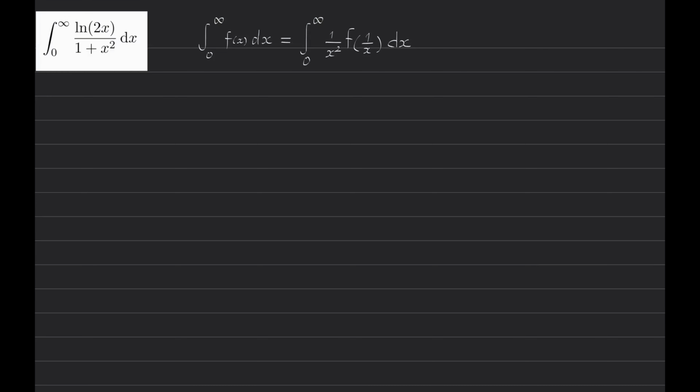Moreover, these two values are the same. So here I am assuming that the left hand side converges. I am claiming that the right hand side converges to the same value.